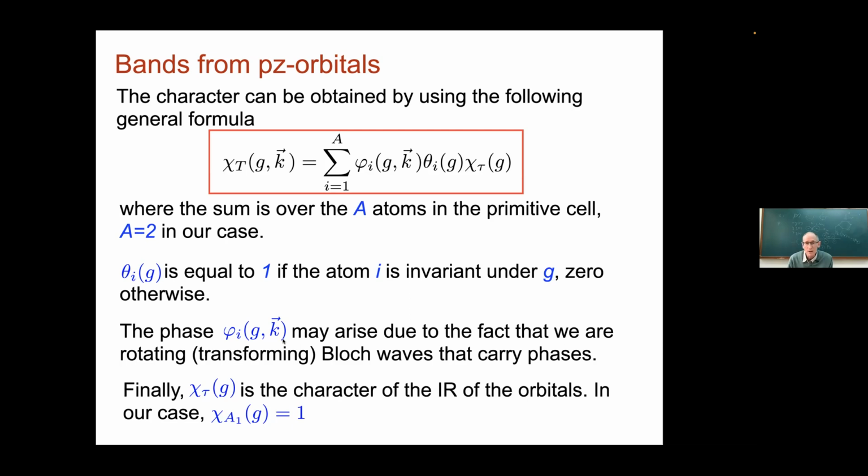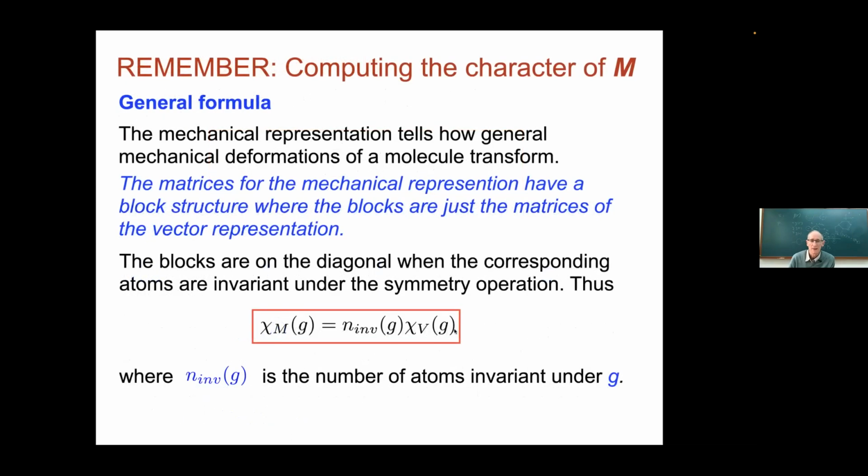In the case of molecules, the formula which was the equivalent of this one was this. Remember, the character of the mechanical representation was the character of the vector representation times the number of invariant atoms. Why? Because the displacements that I place on each atom transform according to this representation, so I need this character.